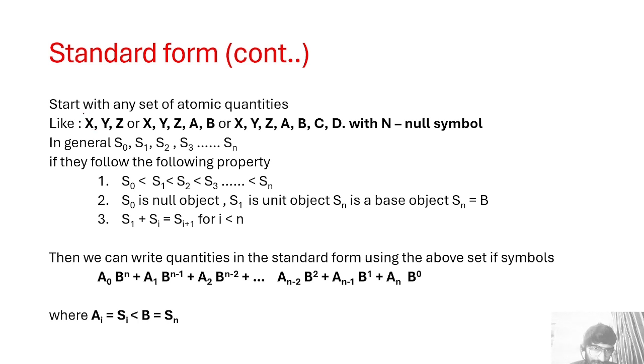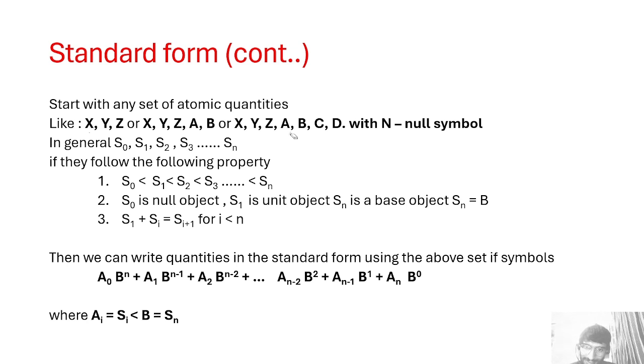So we'll start with a set of atomic quantities. Not any set, but there will be some constraint on it. So like we have quantities x, y, z. These three quantities are atomic. Or we can have x, y, z, a, b. We have in total 5 symbols, each representing an atomic quantity, right?